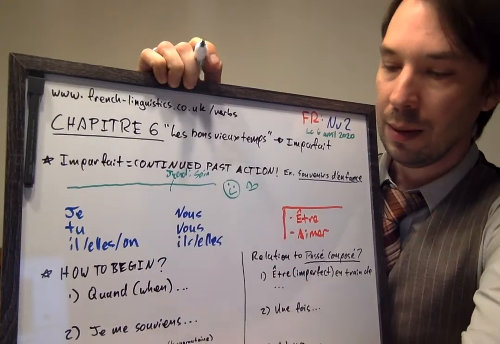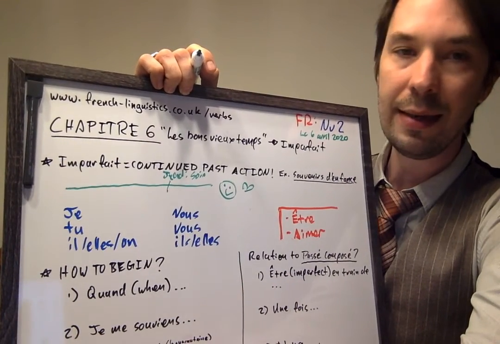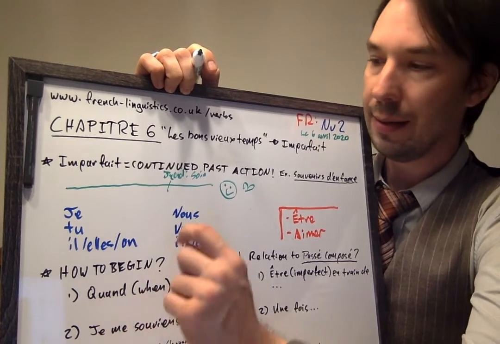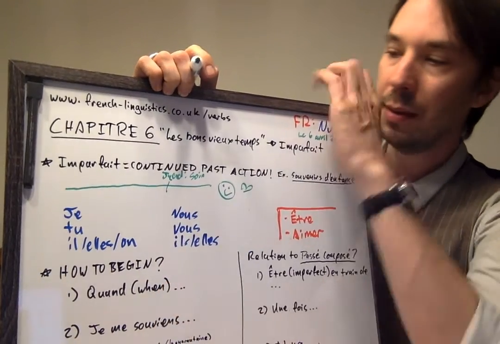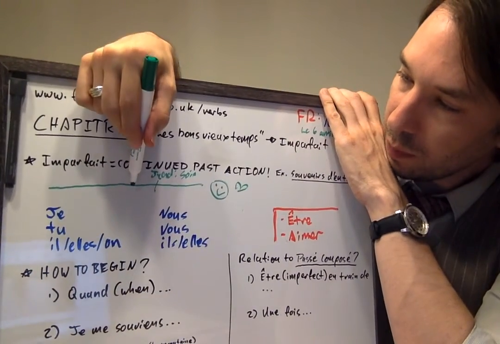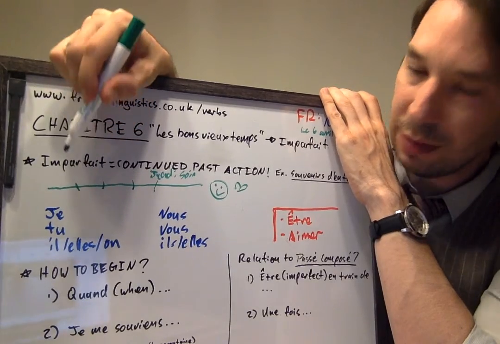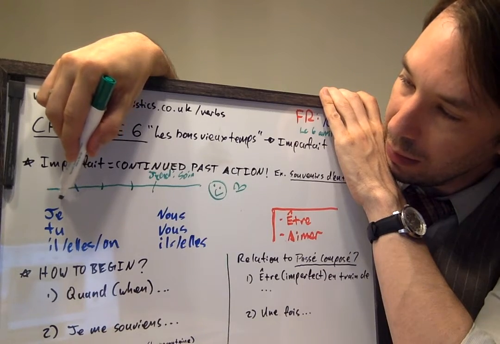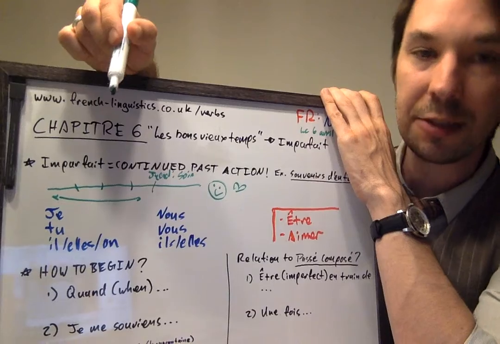Okay? But there's another kind of past that is a continued past. So something that doesn't start and stop at any one moment. It can be a series of moments, or it can be continued past action.